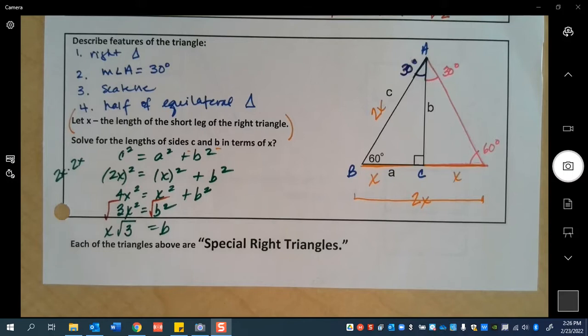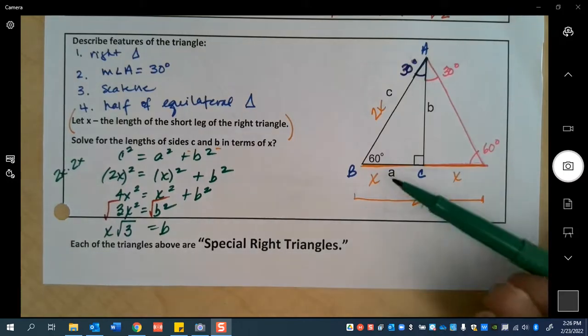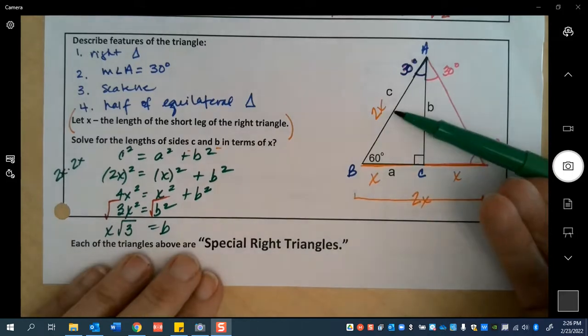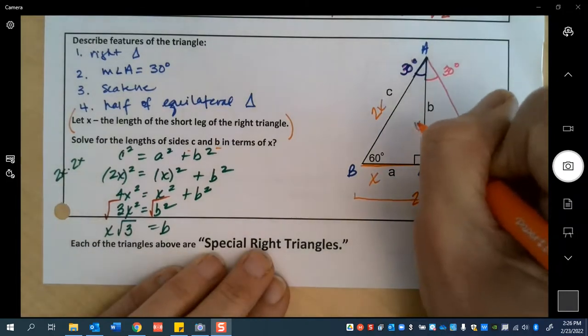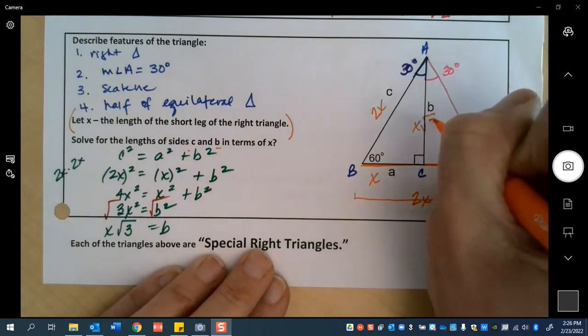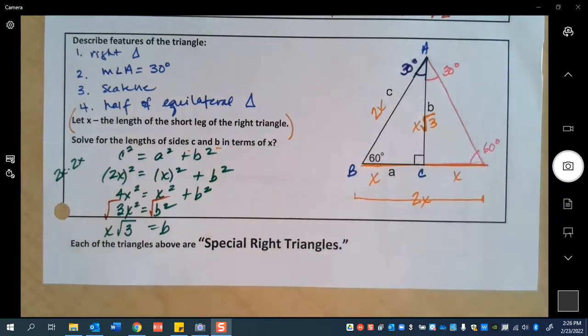And what's stuck inside? So if this has a relationship of x, this has a relationship of 2 times that x value, and b is going to be that short leg times root 3.